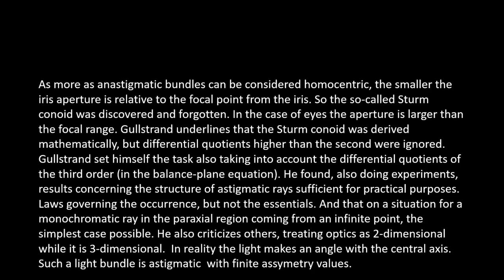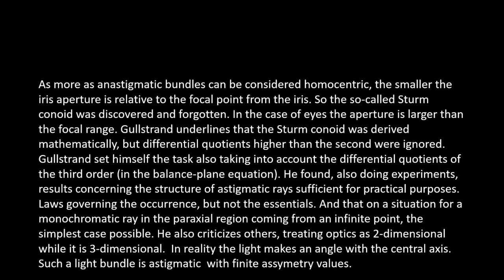Gullstrand underlines that the Sturm conoid was derived mathematically, but differential quotients higher than the second were ignored. Gullstrand set himself the task of taking into account differential quotients of the third order in the balanced plane equation, and he also found, by doing experiments, results concerning the structure of astigmatic rays sufficient for practical purposes. Laws governing the occurrence, but not the essential.